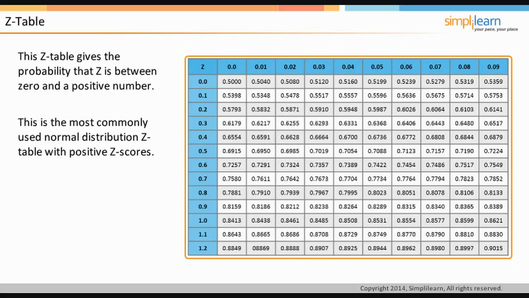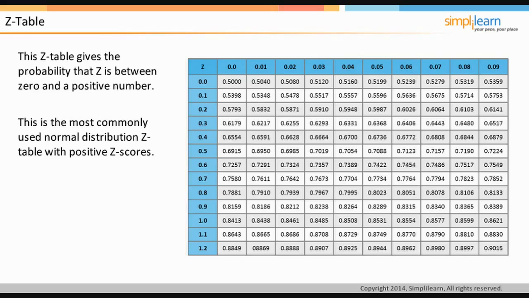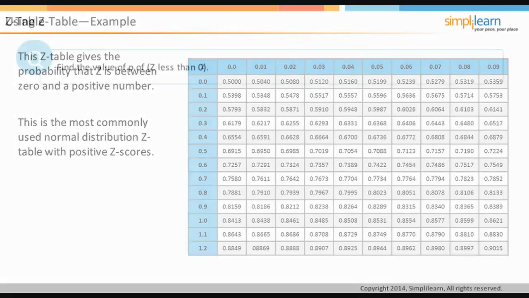The values in the main table are the probabilities that z is between 0 and plus A. Note that the values running down the table are to 1 decimal place. The numbers along the column change only for the second decimal place. Let us look at some examples on how to use a z-table in the following screen.